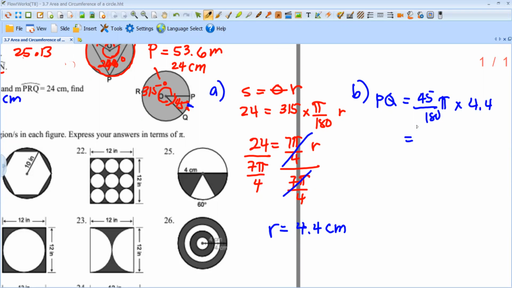So therefore we have 45 pi over 180 times 4.4. So 3.5 centimeters. That is the length of PQ. Okay.